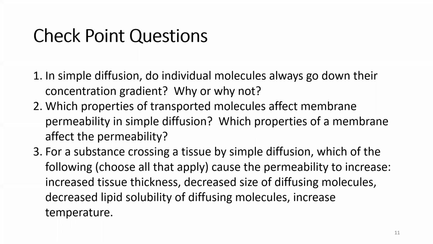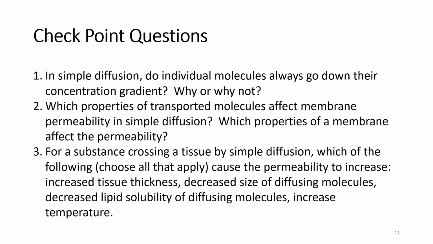The third option here is decreased lipid solubility of diffusing molecules. So if the particle or the molecule is not lipid soluble, it is not going to be going through that membrane as easily. So that is going to actually decrease the permeability. So we would not select that option. If we decrease the lipid solubility, we decrease the particle's likelihood to get through that phospholipid bilayer. And then the last option is increase the temperature. Absolutely. If we increase the temperature, again, we increase the thermal motion of particles, and they're more likely to move in general, let alone move across the membrane from side to side.